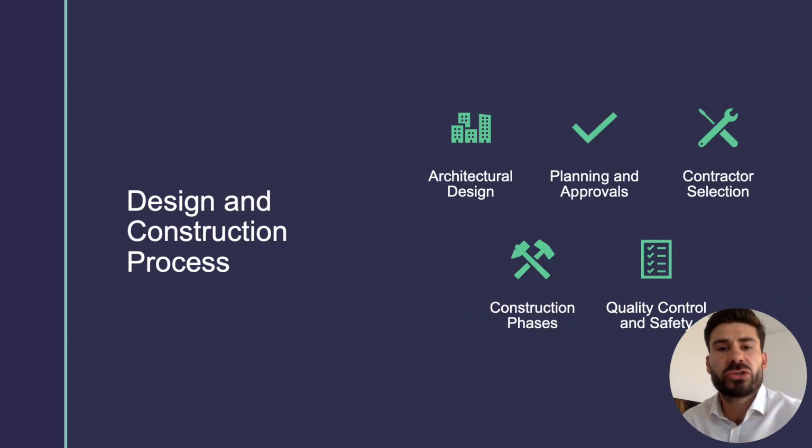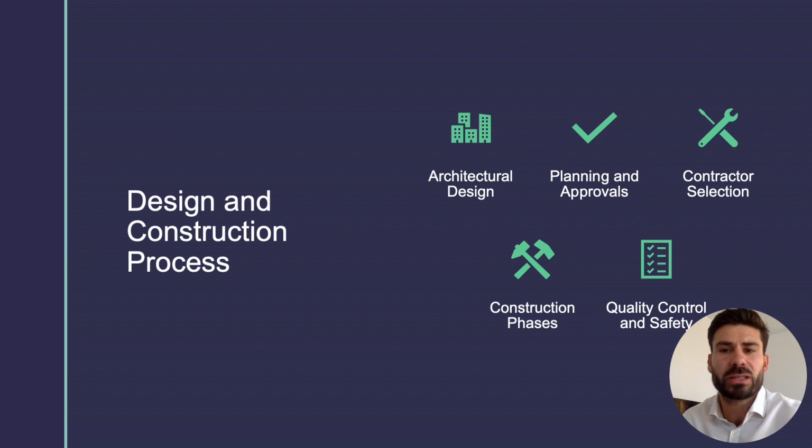So the design and construction process is where the project begins to take shape. Architectural design translates the vision into detailed plans, balancing the aesthetics of the scheme with functionality and cost. Planning and approvals are necessary to ensure compliance with local regulations.